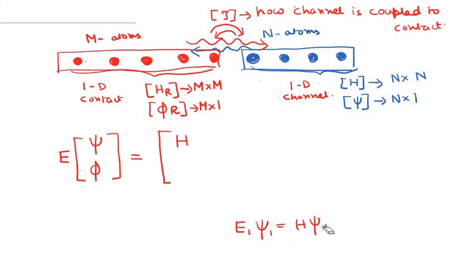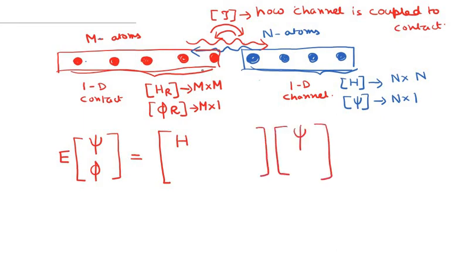Now this channel is coupled to this contact, so this equation is H psi, and then the contact wave function also comes inside the channel, so the channel is coupled to the contact: tau phi. Similarly, the contact is also coupled to the channel in a similar way.